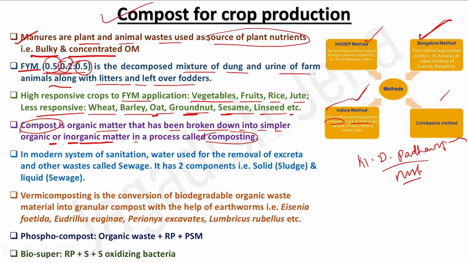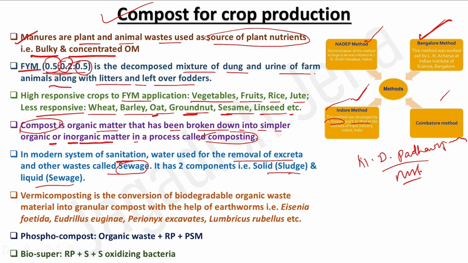So by composting, we are basically simplifying the complex organic biomolecules into a simpler form. In the modern system of sanitation, water is used in the removal of excreta and other waste, called sewage. Whatever excreta is accumulated from different households in urban areas is called sewage. And sewage has two components, one solid, that is sludge, and one liquid.